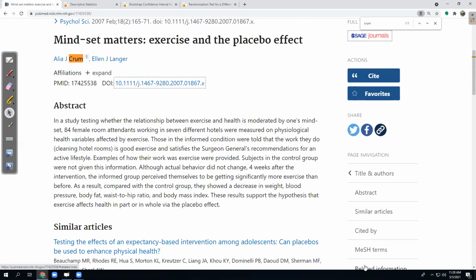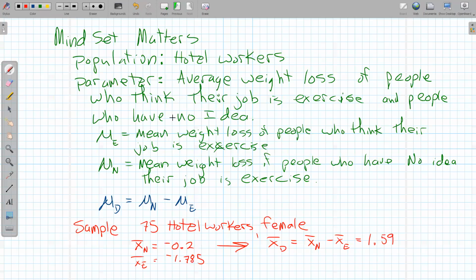Okay. So here's the question. Are they saying that we expect people who think their job is exercise to lose more weight? Or are they saying we expect that there will be a difference? So we have to decide on that. So what's the difference between those two statements? We have two options for an alternative I get from reading that.